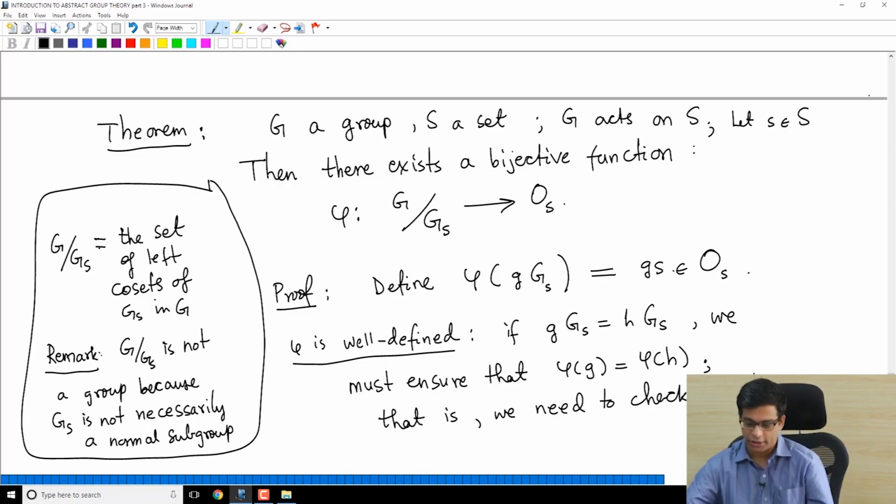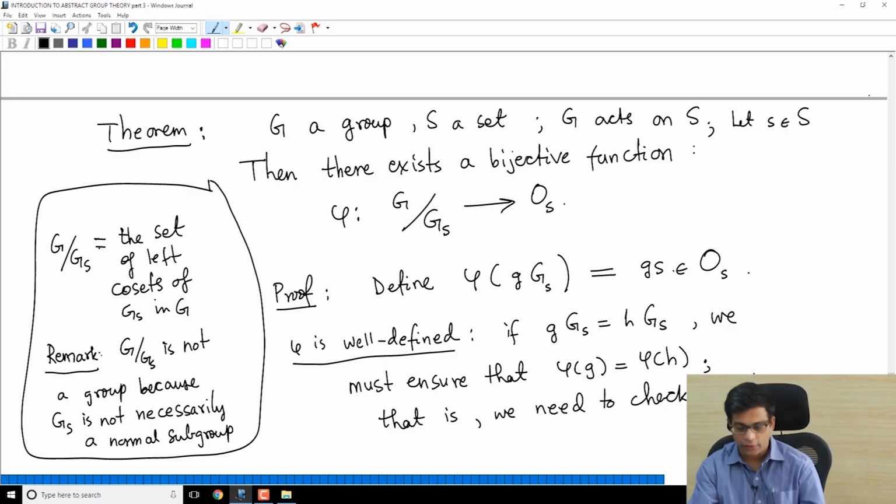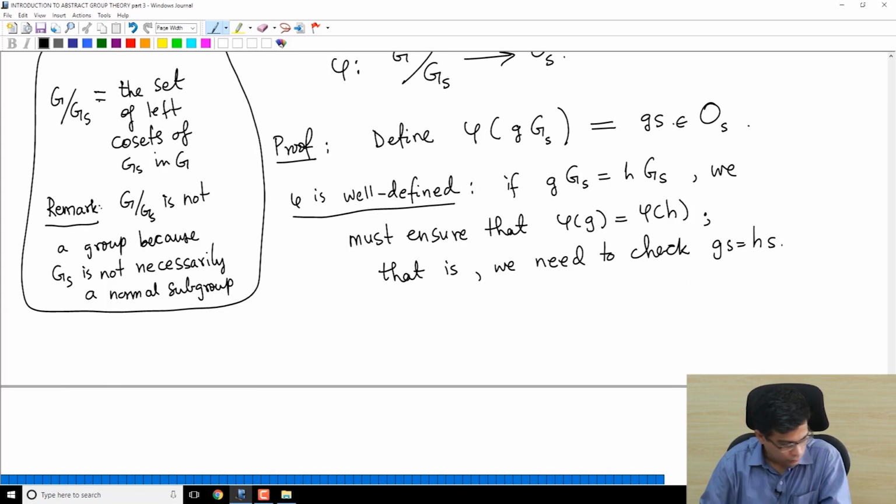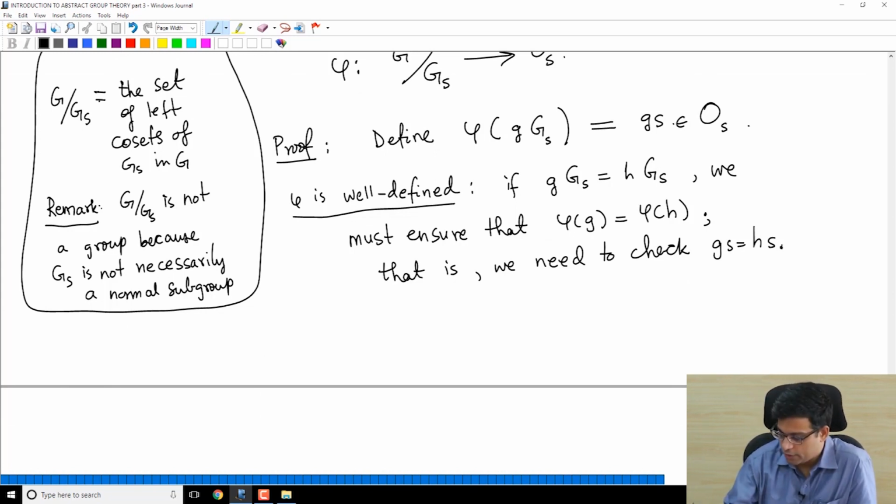This obviously needs to be checked because we are trying to define that the image of g times Gs is gs, but it can very well happen that g Gs is equal to h Gs, but g and h are different because several cosets will coincide. But then if g Gs is equal to h Gs but gs is different from hs, then there is a problem. The function is not well defined. So we need to check this. But this is not difficult at all. If you start working this out, it will become clear.